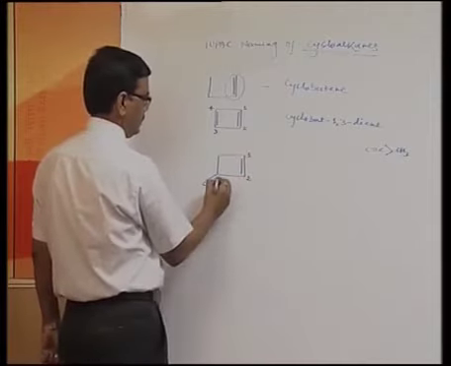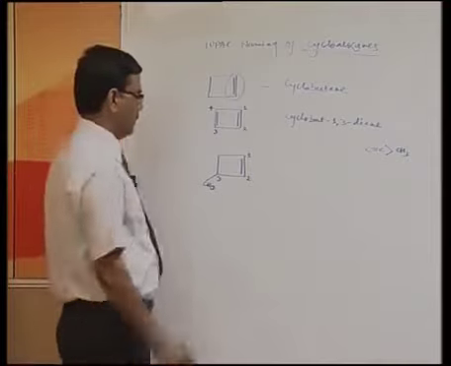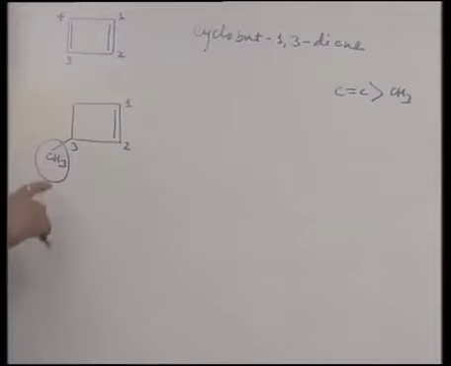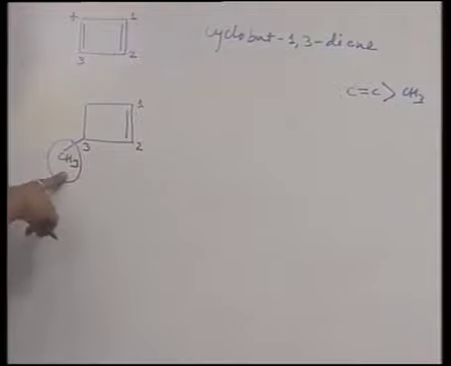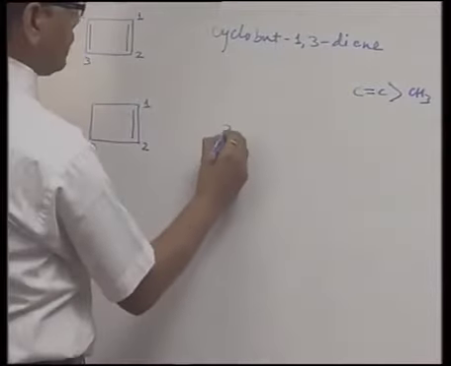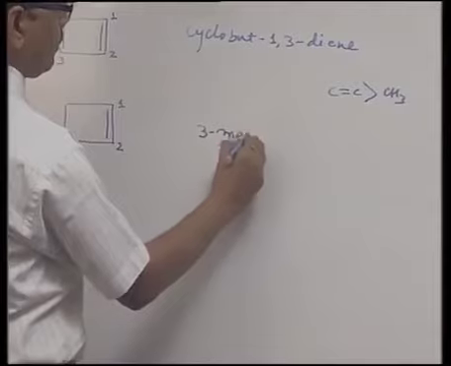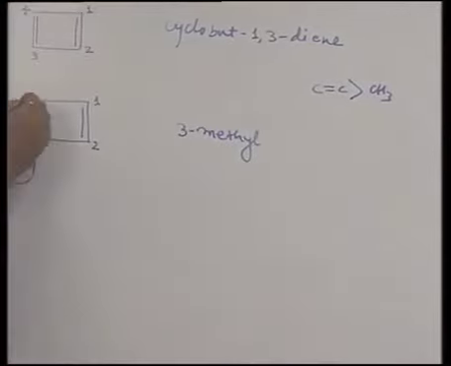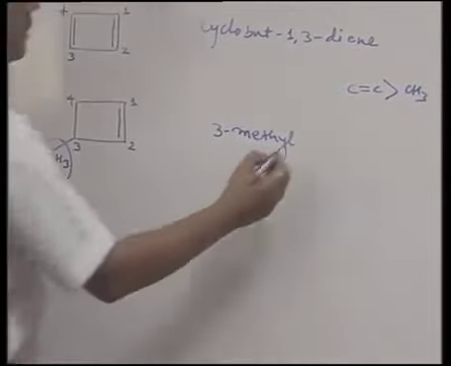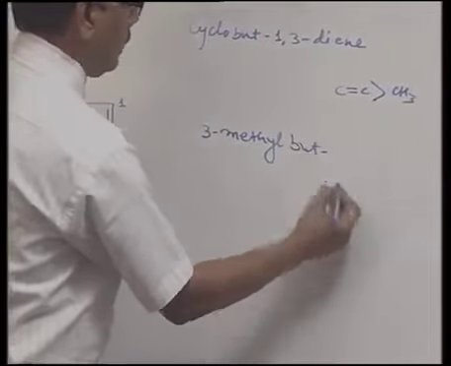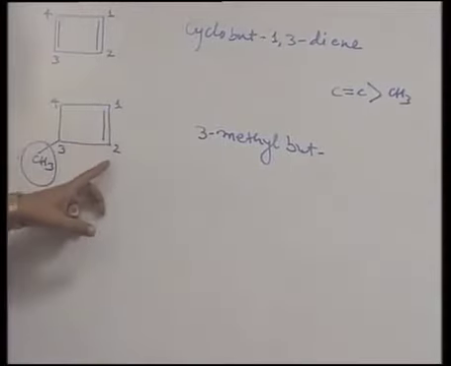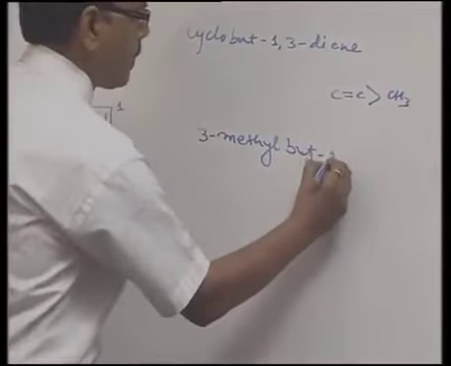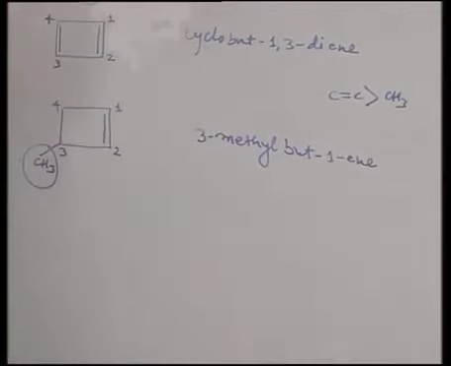The name, as per the rule of IUPAC, first we have to write the position and name of this methyl group, that is 3-methyl, and then there are 4 carbons, the name will be but, and the position of the double bond, that is 1 and then ene.